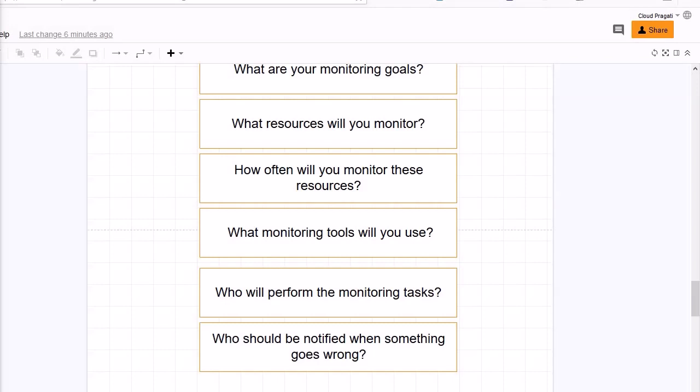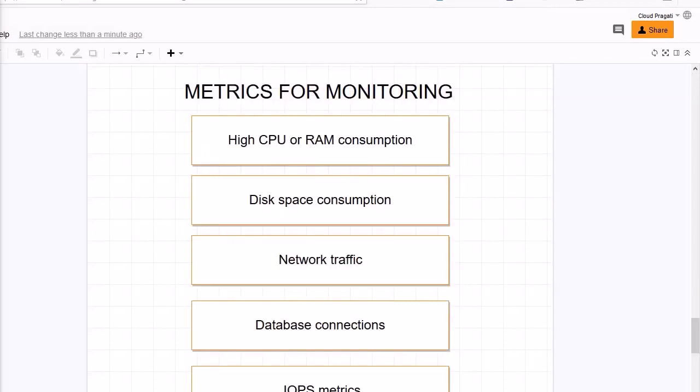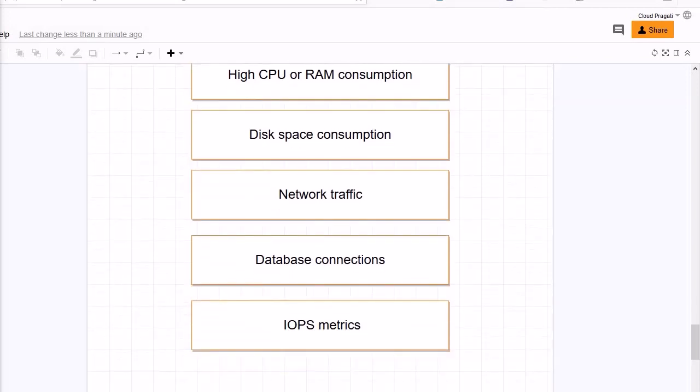Generally acceptable values for performance metrics depend on what your baseline looks like and what your application is doing. Investigate consistent or trending variance from your baseline. I would recommend that you set up these metrics to monitor your AWS DB instances: high CPU or RAM consumption, disk space consumption, network traffic, database connections, and IOPS metrics.